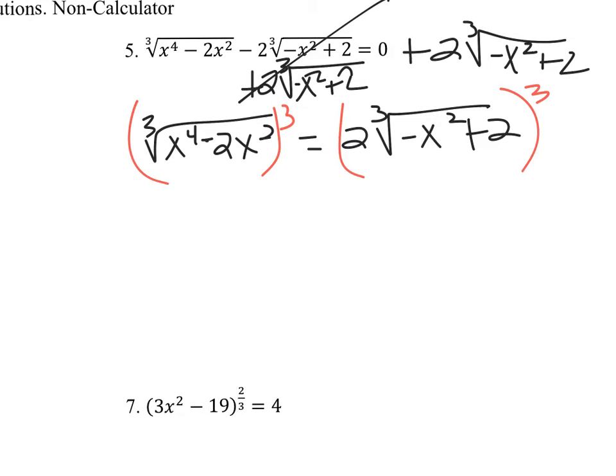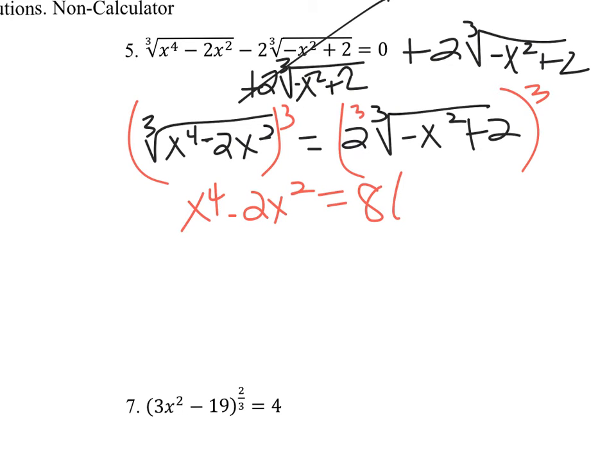Now, when I undo the first expression here, all I'll get left is the radicand, x to the 4th minus 2x squared. When I do it on this other side, there was a 2 on the outside. That has to be cubed too. So this has to be cubed also, and that's going to give me 8.